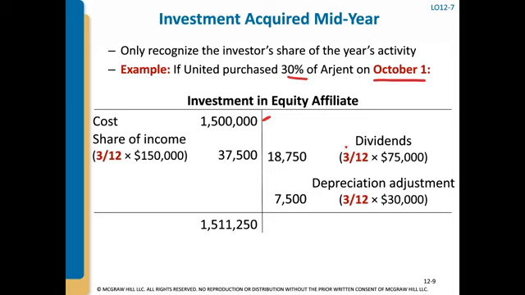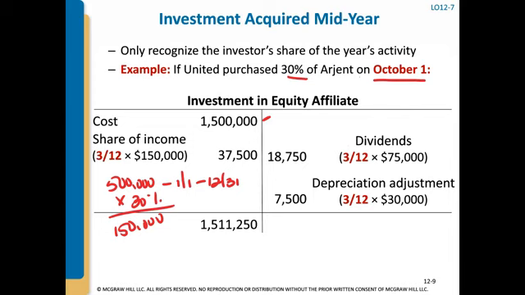But now when you're looking at Argent's income, their income was $500,000. That was for the full year, from 1/1 to 12/31. And we get 30% of that, which is $150,000. Well, we would recognize $150,000 of that income if we acquired that stock on January 1 or January 2nd.